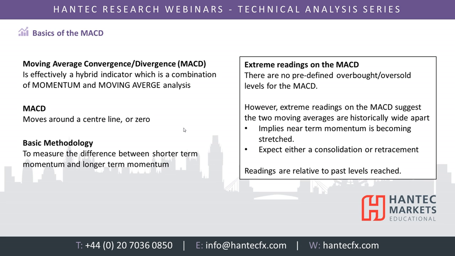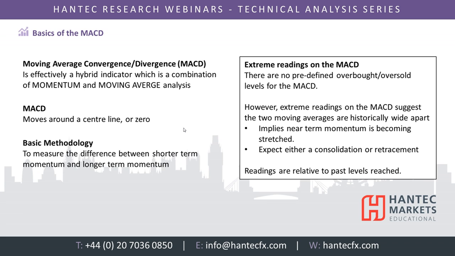I mean, to call the MACD a momentum indicator is not strictly speaking true, because it's actually a hybrid indicator. It sort of brings together momentum and moving average analysis to form this indicator. And for that reason, incorporating the moving averages in there, I think it works best in a trending environment. And I think that's going to be a theme of how we go on today, so just be aware of that. It works much better in a trending environment.